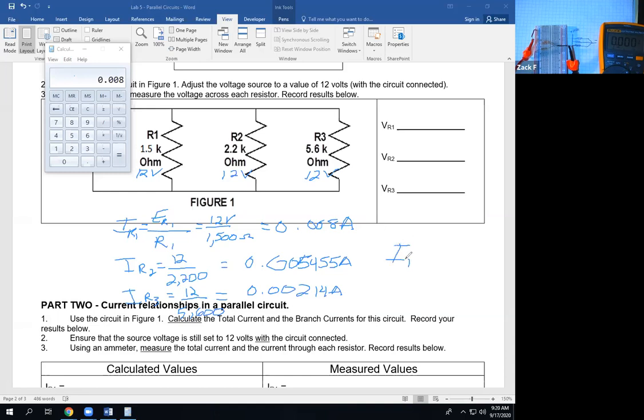I total equals IR1 plus IR2 plus IR3. 0.0156 amps.